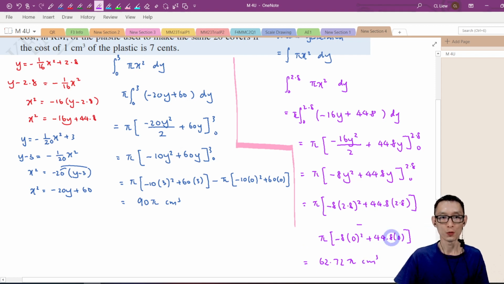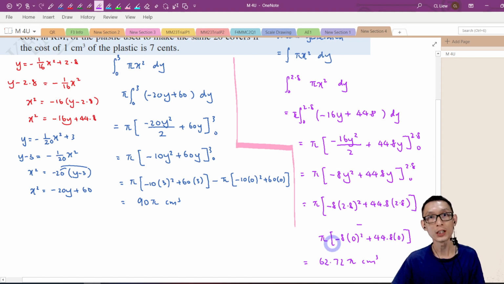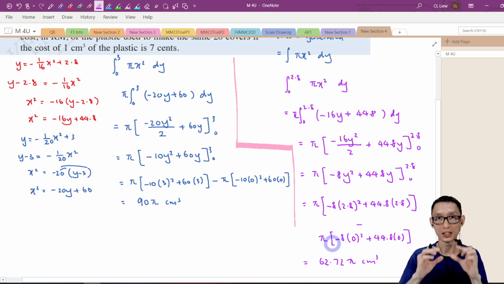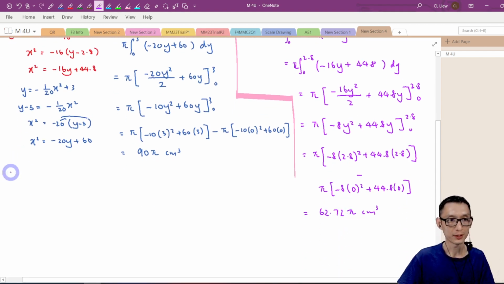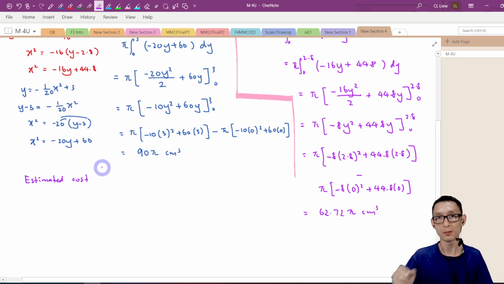Okay, so now we take this one minus this one, we will be able to get the volume needed, the plastic needed to create one plastic cover. So the estimated cost for creating 20 same covers will be, let me find 1 first.